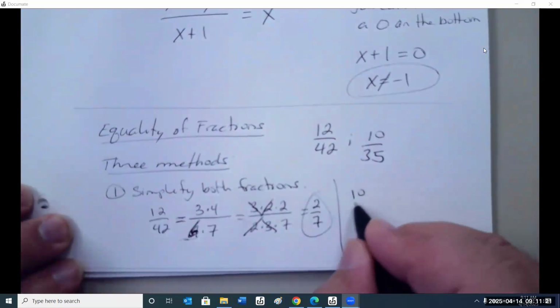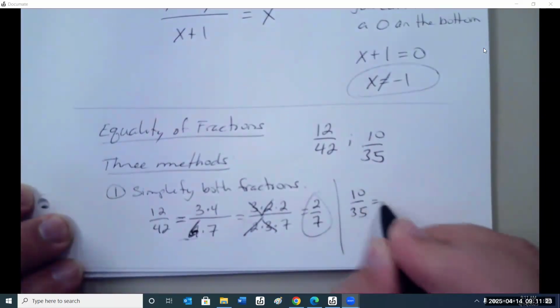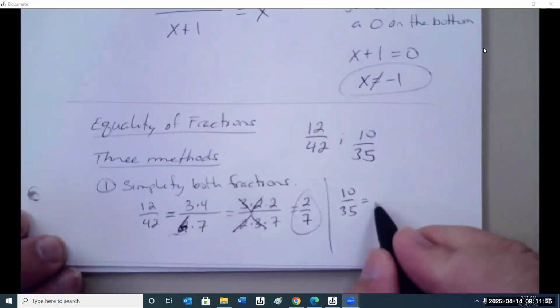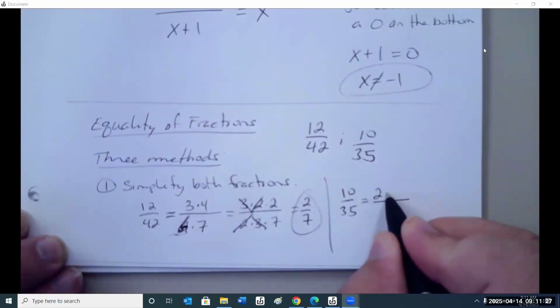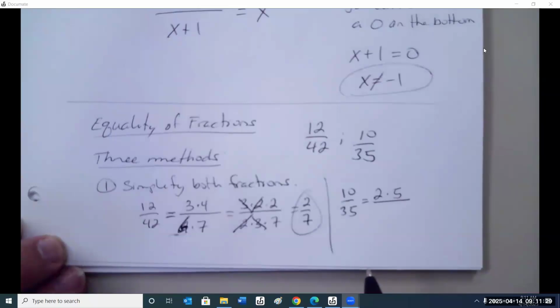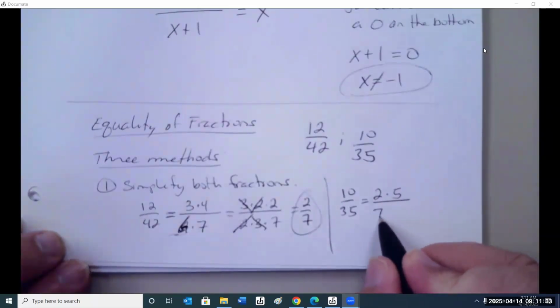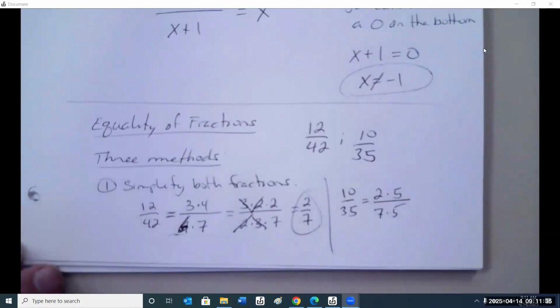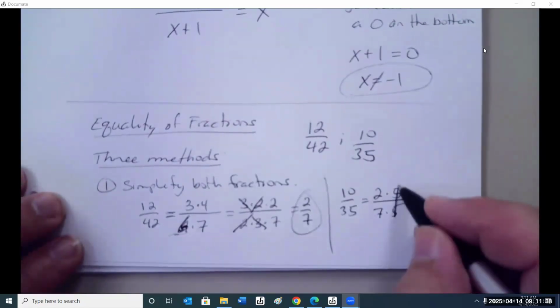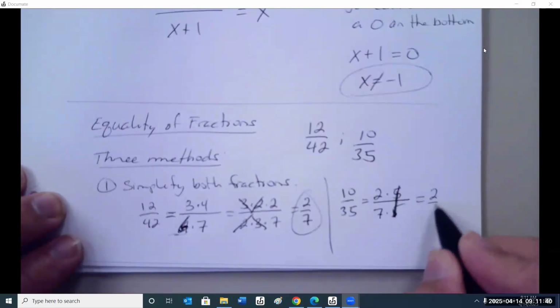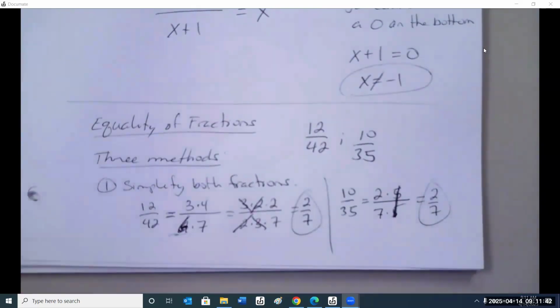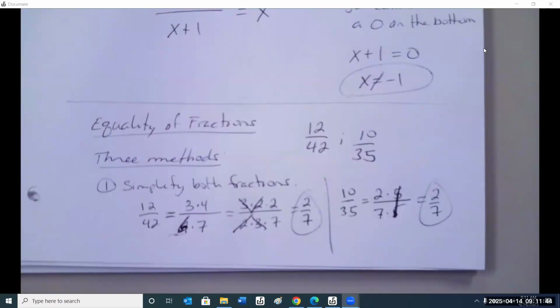How about 10 over 35? What is 10 made up of? 2 times 5. What is 35 made up of? 7 times 5. Can anything cancel? 5s. So we get 2 over 7. Guess what? They're the same fractions.